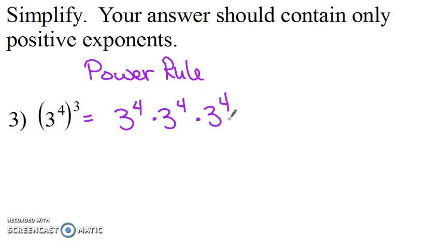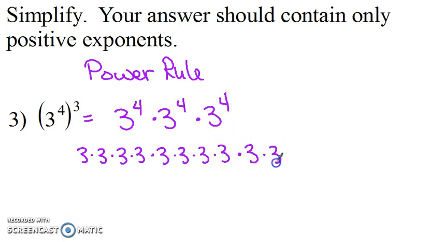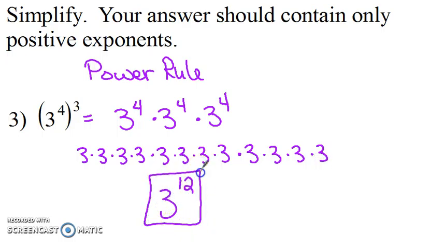And looking back at number 1 and number 2, this is 4 threes. So we can write that. So is this. And so is that. So all together, we have 12 threes.